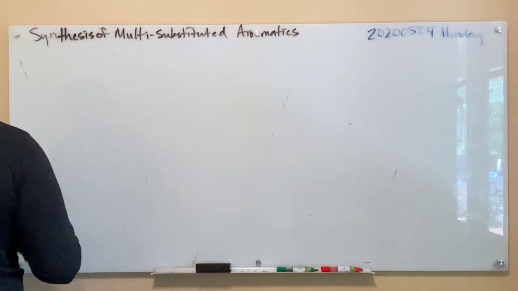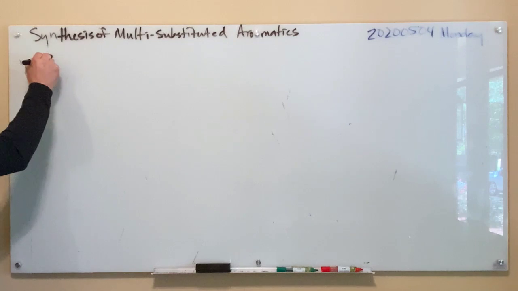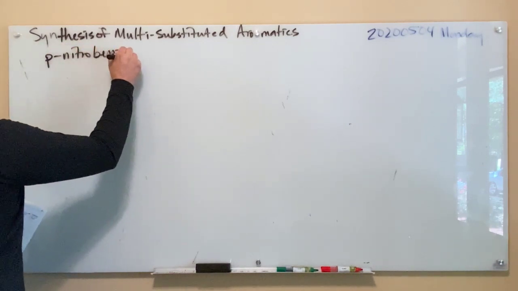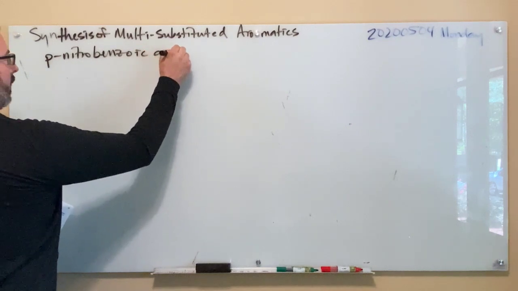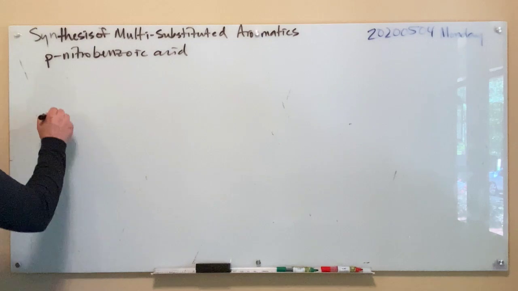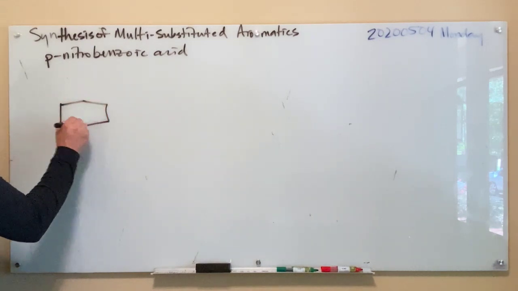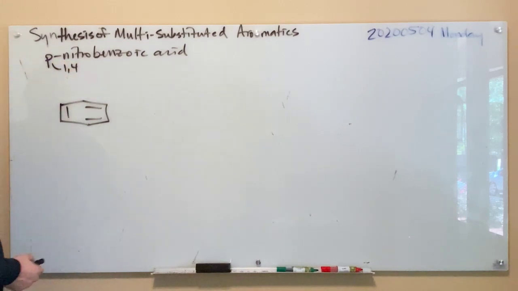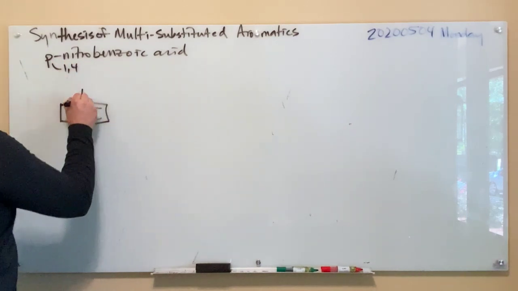So this will be para-nitrobenzoic acid. So let's convert the name into a structure. So para is the 1,4 relationship, benzoic acid.